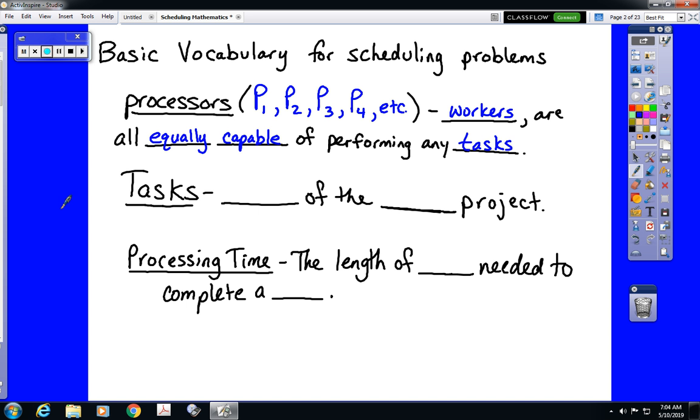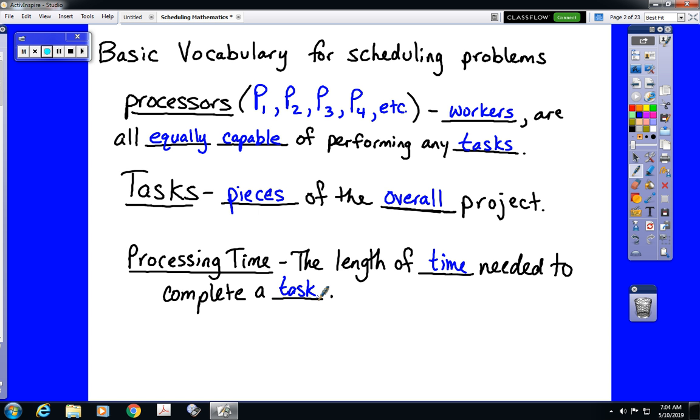Secondly, we have the tasks. These are the pieces of the overall project. They will have attached to them a time that it takes to complete them. That's called the processing time, the length of time needed to complete a task.